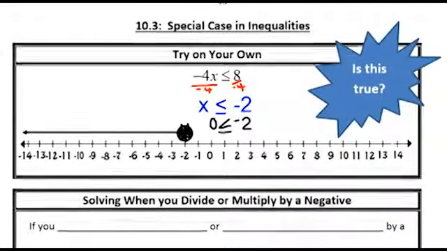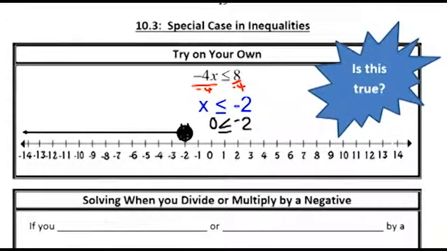Now let's check something. Is this true? Now at this point, it's a true statement. But does this plotted inequality represent the original inequality we were given? Let's take a point and see if we get a true or false statement. Let's try negative 4. So negative 4, and we'll just replace the variable with parentheses to test anytime you need to plug it back in.